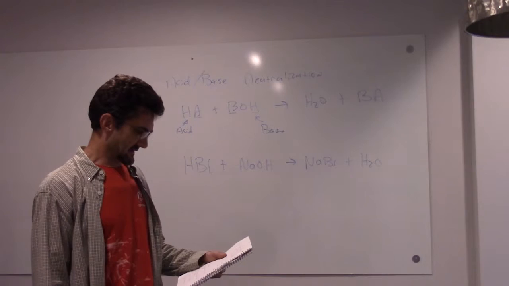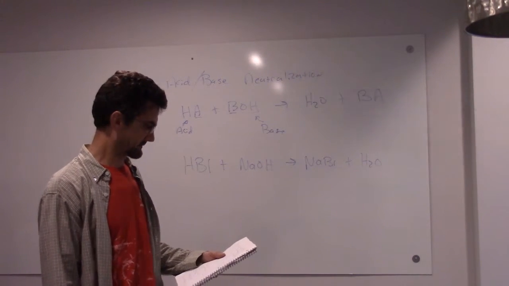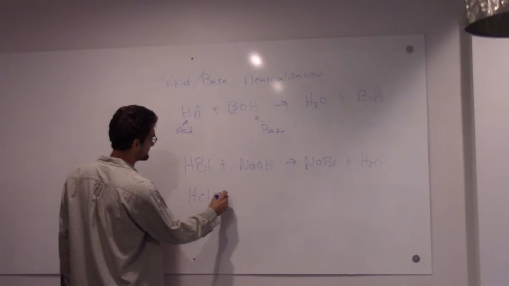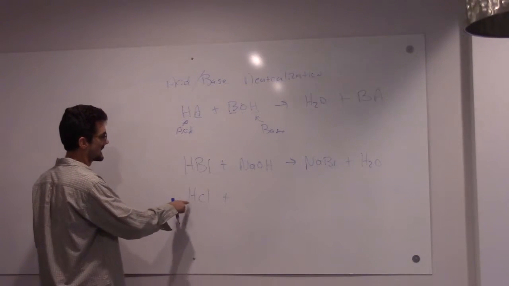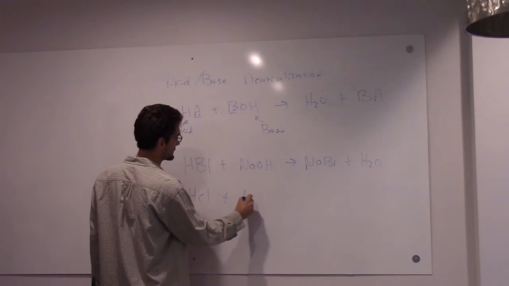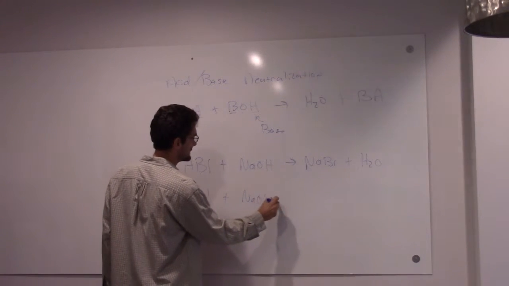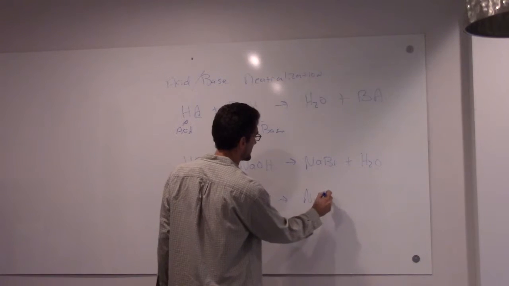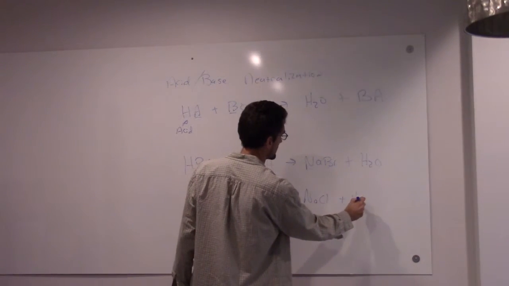Actually, I wanted to give sodium chloride, so let's just do that: hydrochloric acid, as opposed to hydrobromic acid, plus sodium hydroxide forms something we all know, NaCl, a salt, plus H2O.